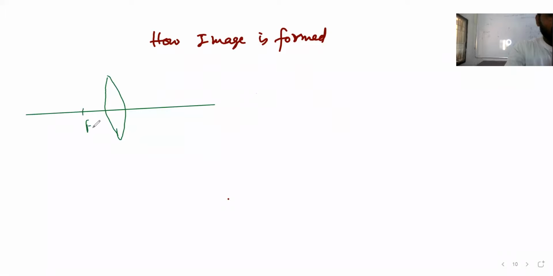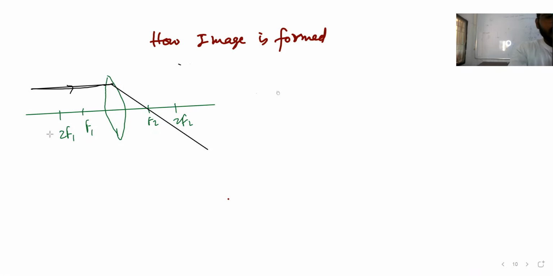So focus is f1, and then 2f1, center of curvature, right? f2, 2f2, right? If the object is at infinity, then the image is going to form at focus. The rays of light will be parallel to the principal axis. So let's take a straight line.